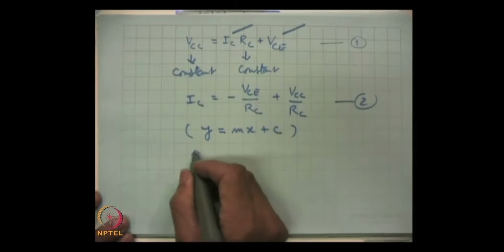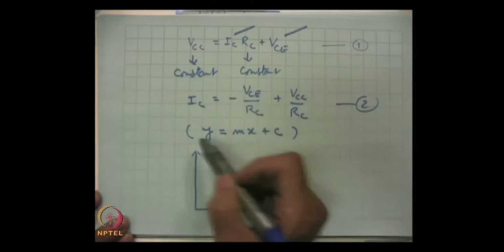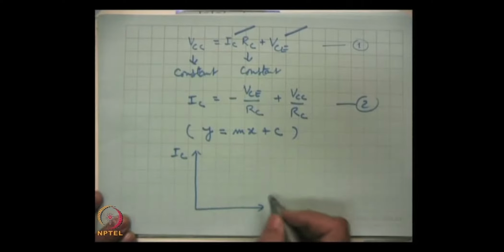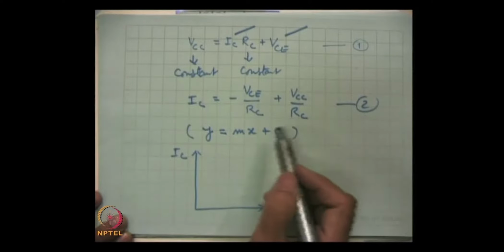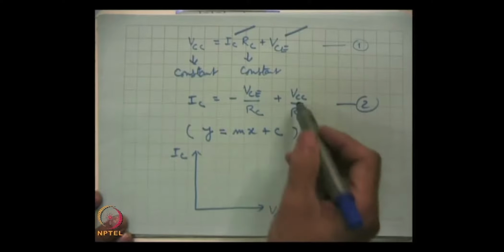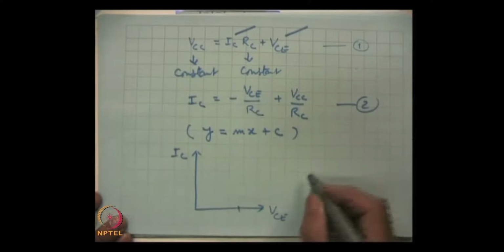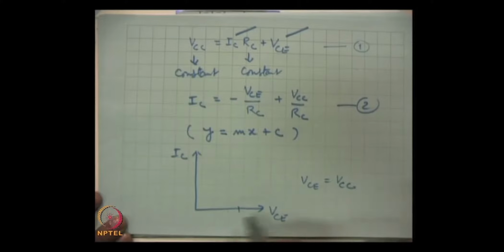So, this is the equation of a straight line, and you know how to plot the straight line. Here on this axis, this is IC and this is VCE. When IC is 0, then this will give that VCE is equal to VCC. This is when IC is 0.